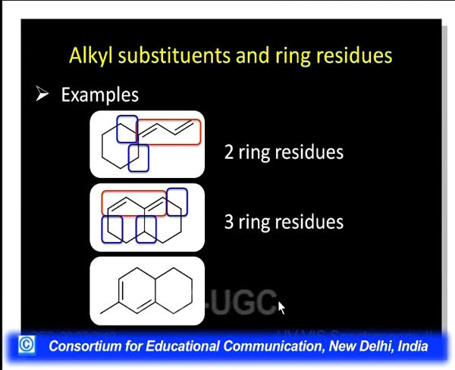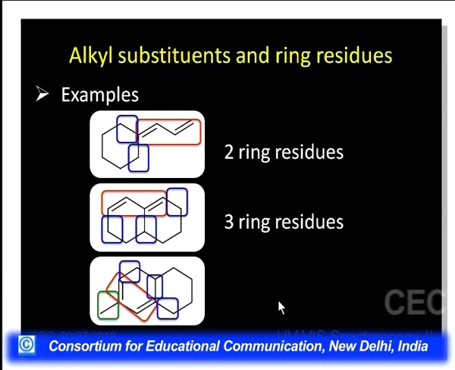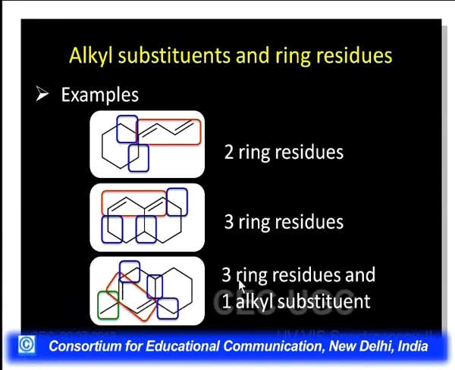In this case, this is the basic chromophore, so we have got 4 things: 1, 2, 3, these 3 are ring residues, and this happens to be an alkyl group. So there are 3 ring residues and 1 alkyl substituent. So we have to understand the distinction between the meaning of an alkyl substituent, the meaning of a ring residue, and then how we locate them.